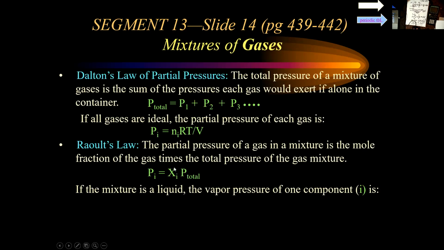Now, if you look at this side and solve for it, the mole fraction of a gas in a mixture is the partial pressure of that gas divided by the total pressure. Now, that would be pretty easy to do, really. Think about it. I take my container and I put my oxygen in it and I measure the pressure.